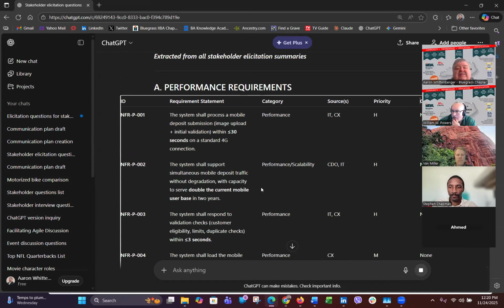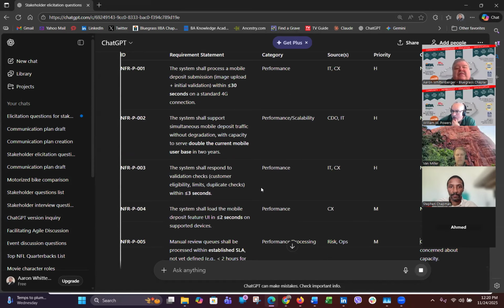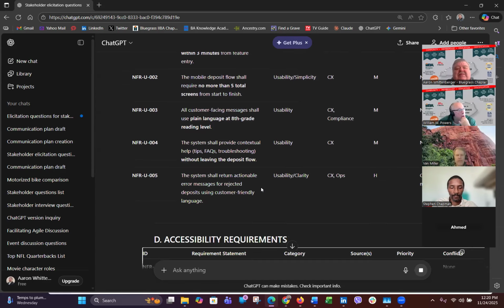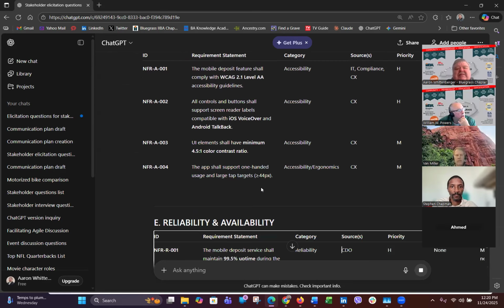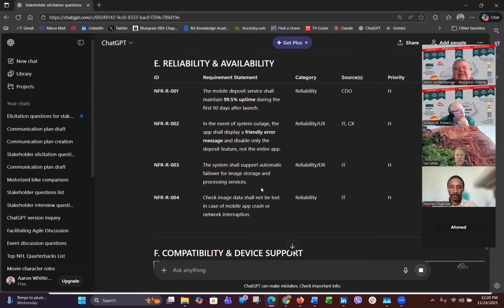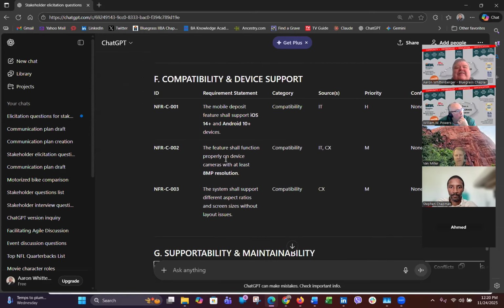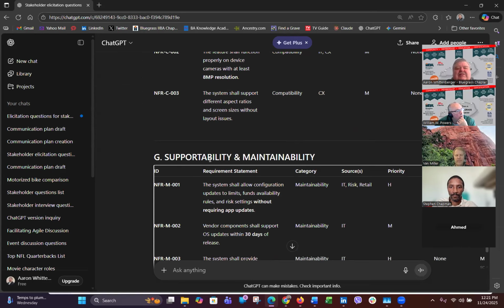Performance is an A, so this is the beginning. Security, usability, accessibility, reliability, and availability, compatibility. A lot of lilities, huh? Supportability and maintainability.